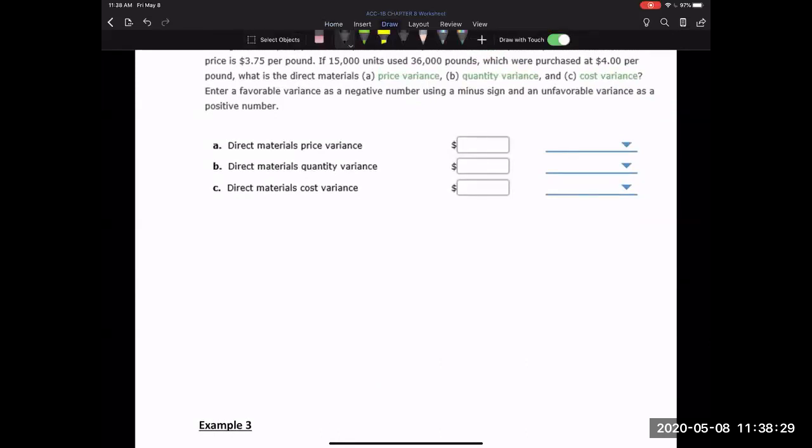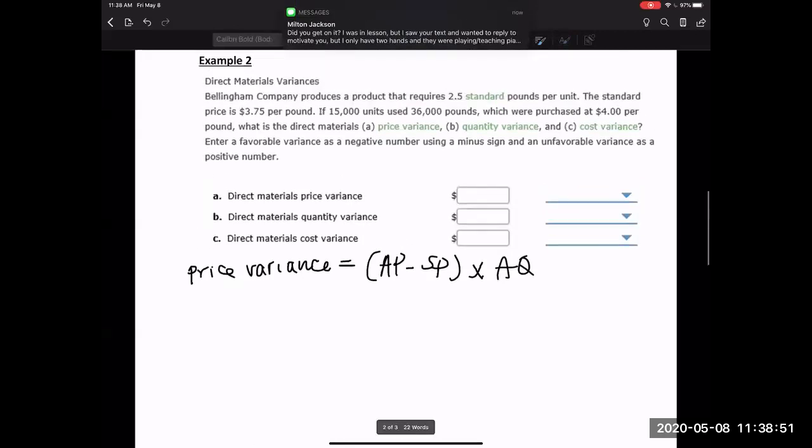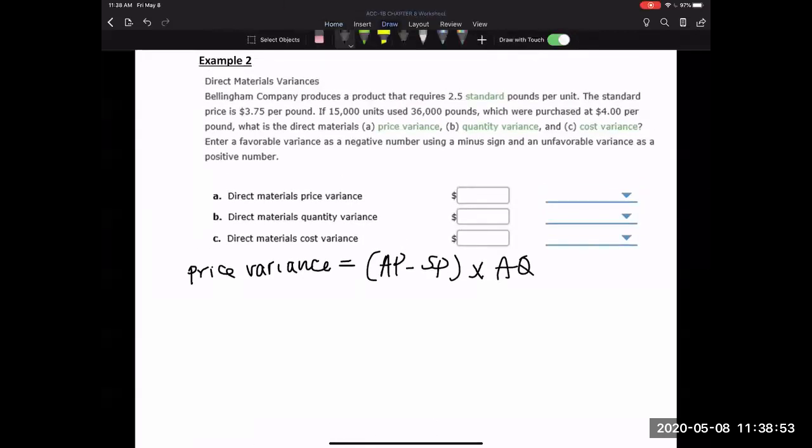So again, if we're doing price variance, this equals actual price minus our standard price times our actual quantity.